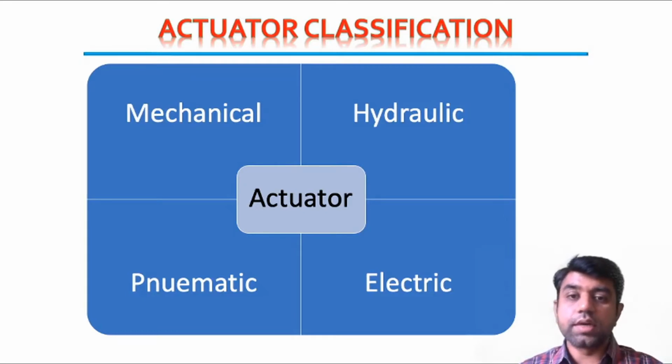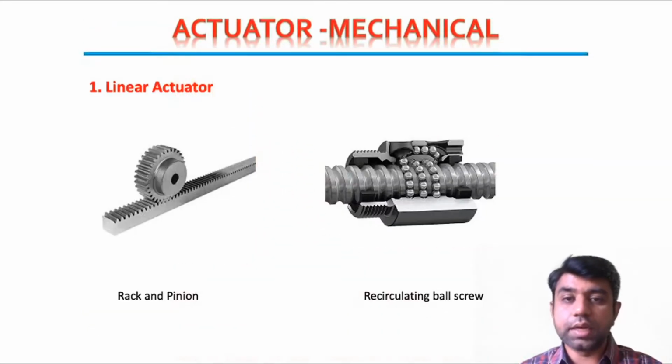So let's get started with the first actuator, that is the mechanical actuator. Normally robots have two different types of motion, linear as well as rotary. Whenever we want linear motion, we can use a rack and pinion. You supply the power to the pinion so that the rack moves linearly.